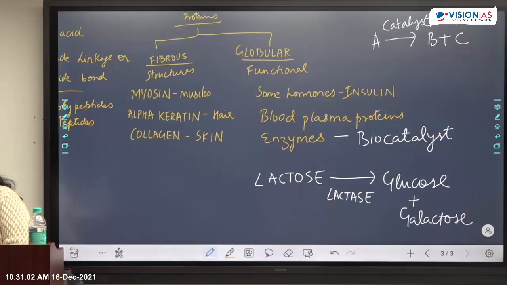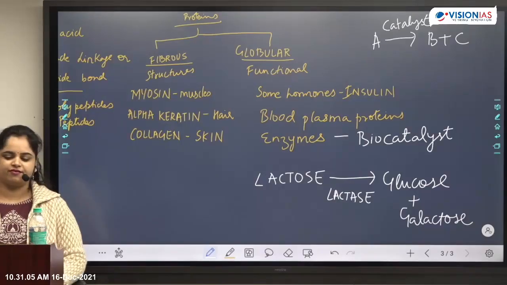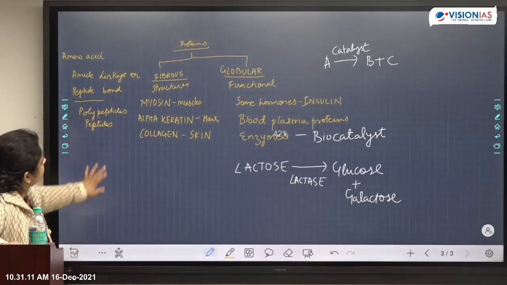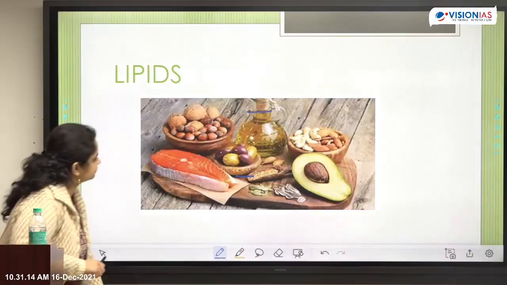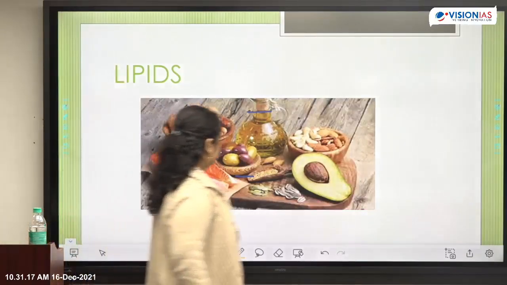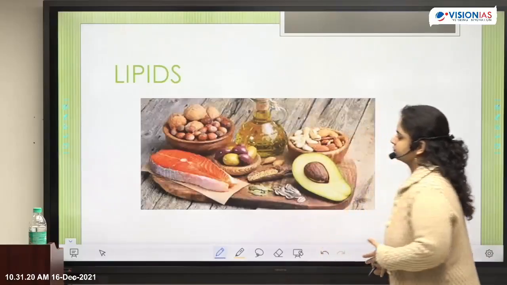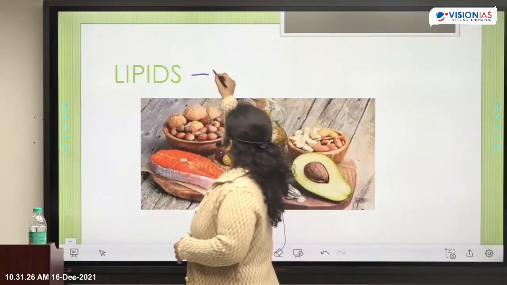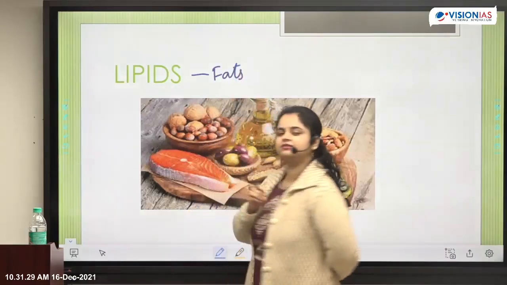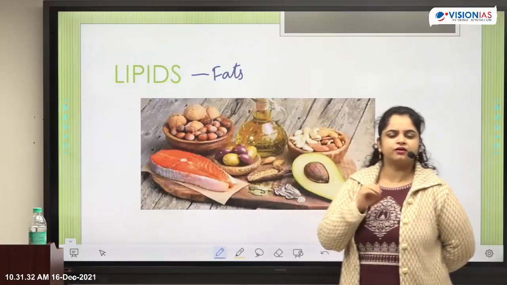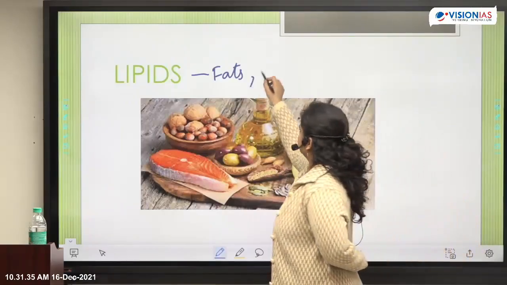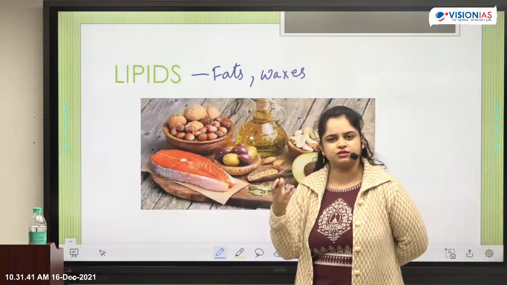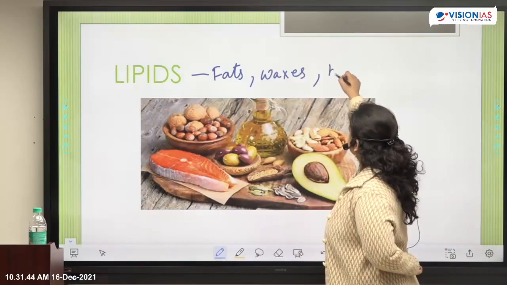Next we will talk about lipids or fats, the last of your macronutrients. So lipids is a broader term. When we say lipids, we mainly talk about the fats. So we will be using the word fats here, but other things like waxes in your body, like the ear wax, would be in this category.